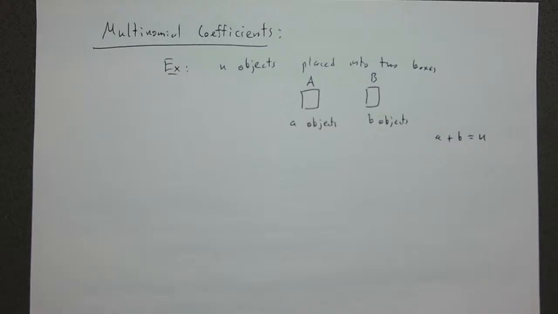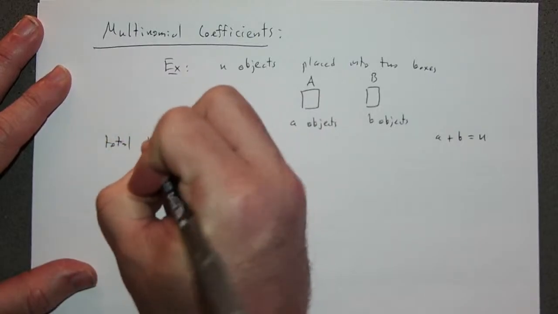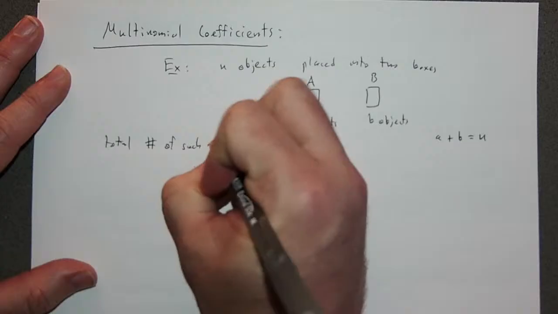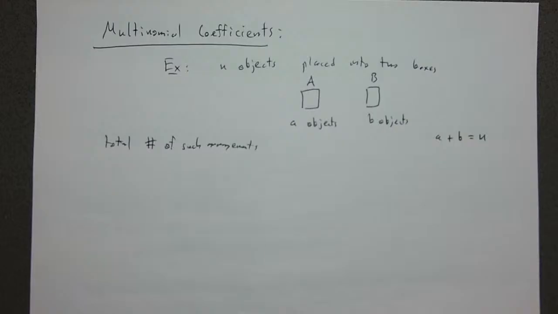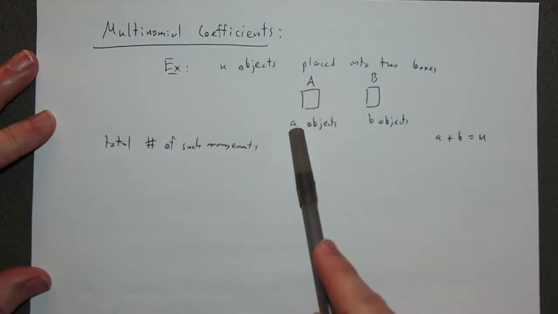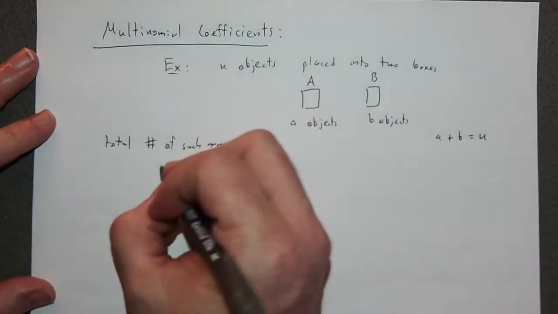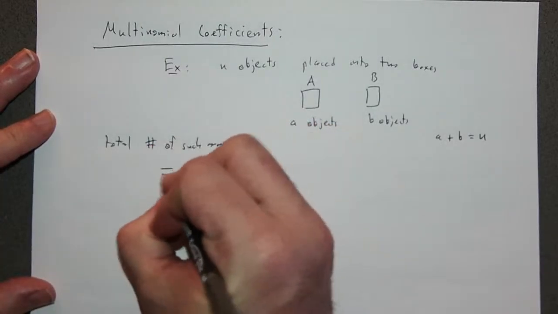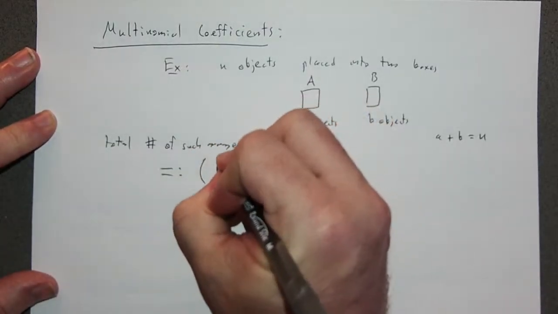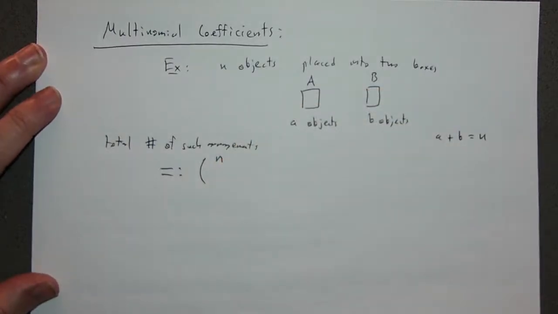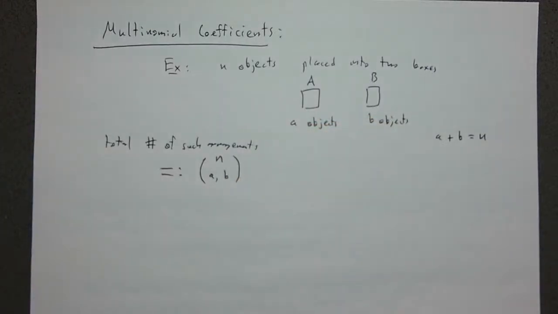The total number of such arrangements, or phrased in another way, the number of ways to place n objects into two boxes such that box A receives little a objects and box B receives little b objects, is exactly this number I'm computing. So let's define the total number of such arrangements by this symbol, which is going to be written almost like a binomial coefficient, but it's n and then a comma b in the second slot.